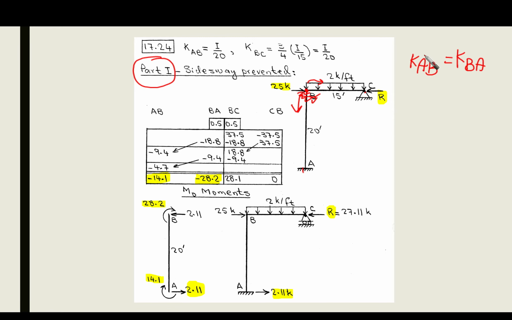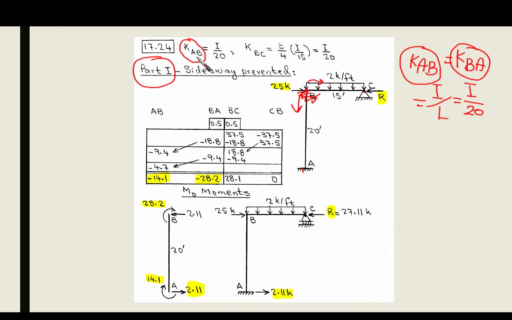So the relative stiffnesses KAB and KBA are going to be the same, and as far as the far end is fixed in both cases, we're going to use I over L. L in our case is 20 feet, so we have I over 20.